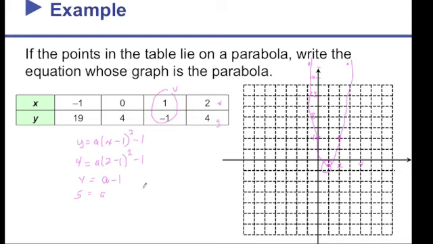So my equation is y equals 5 times (x minus 1) squared, minus 1. And this is the equation of this parabola.